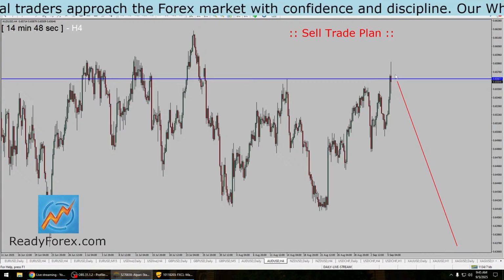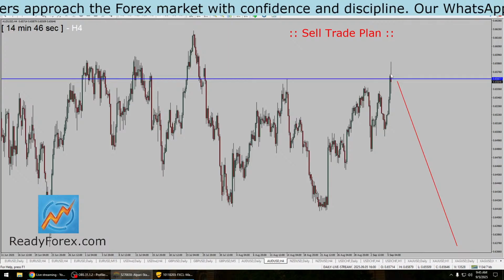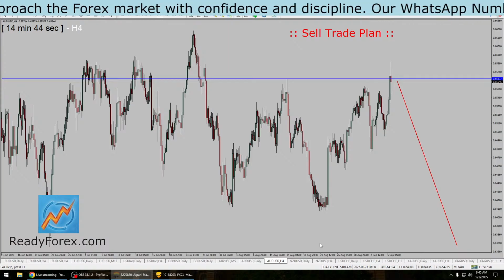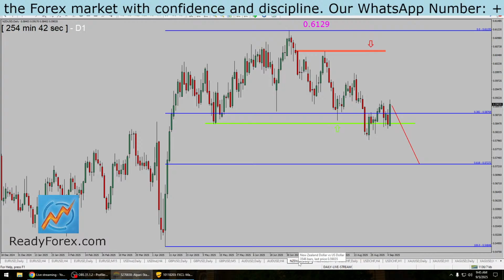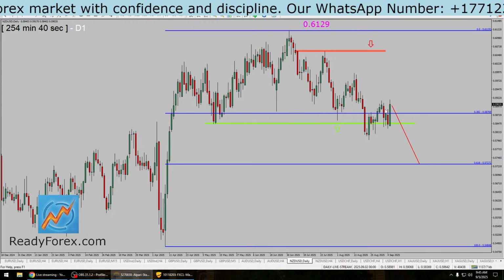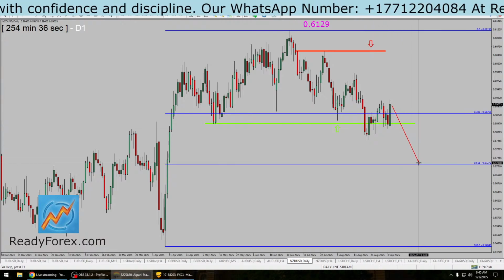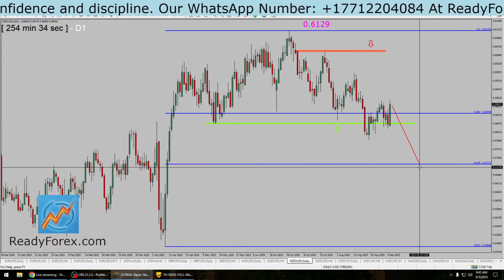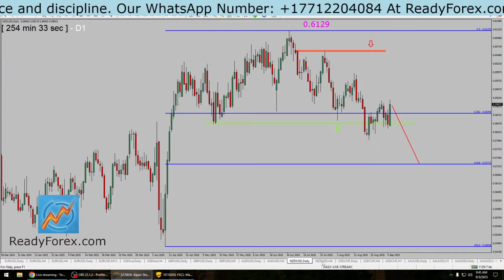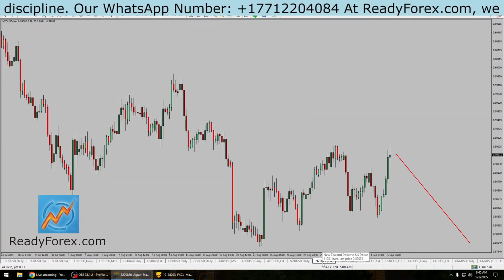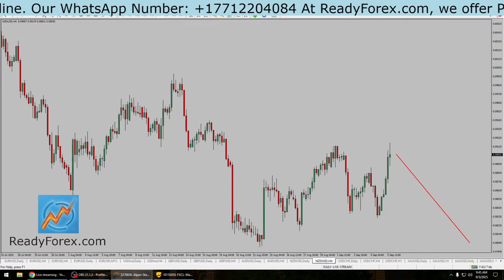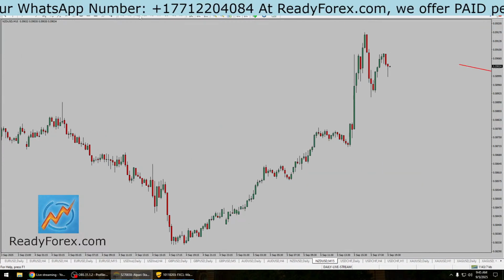This is the area of a potential sell trade plan over here. Okay, next, the NZDUSD currency pair. The way I see it, the market is probably going to drop more over here. So we might get a sell setup today using the smaller time frame. Go over to a 15 minutes time frame.